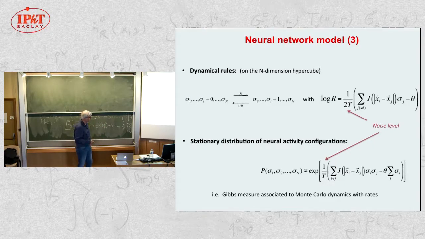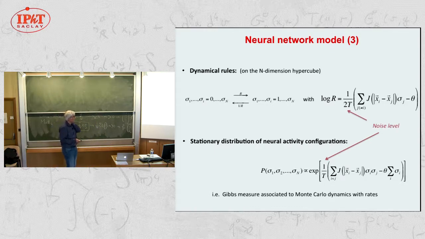This theta here is just an effective field which maintains the activity to some level, because all the coefficients here are essentially positive. If you take positive interactions at short distances and zero at large distances, the whole network will fire. So to maintain the activity at some reasonable level, you need a negative field which is basically repressing the whole activity.